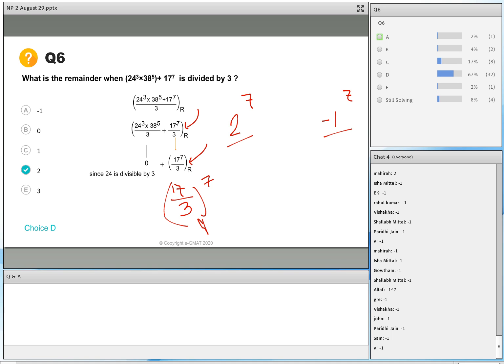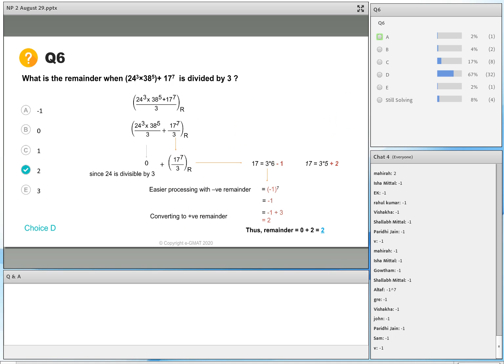When I have minus 1 to the power 7, let me write that down. There are two possible remainders, one is minus 1, the other is 2. You don't want to calculate this, so we'll go ahead with minus 1 to the power 7. The power of minus 1 is odd, so I'll get a minus 1, right? So this is my final answer.